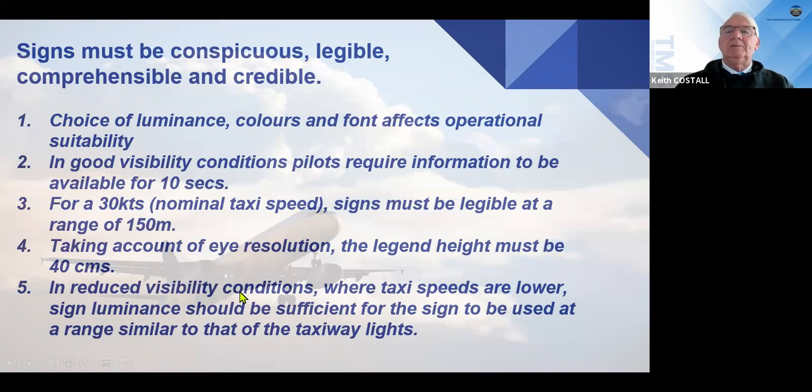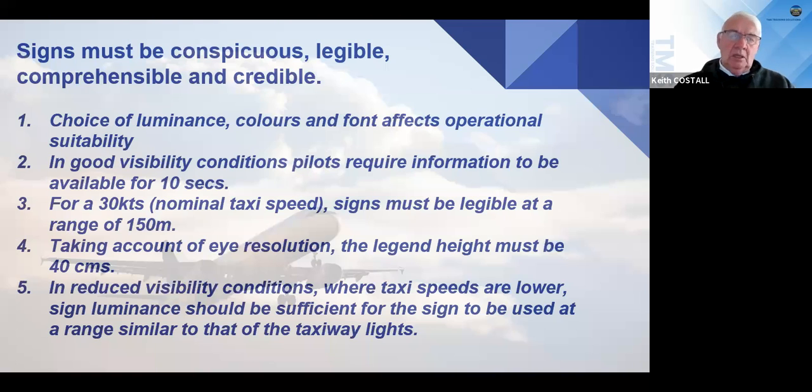So when we're looking at a guidance sign, obviously it's a light. It has to be illuminated in lower visibility conditions. So in our categorized operations, they need to be illuminated.